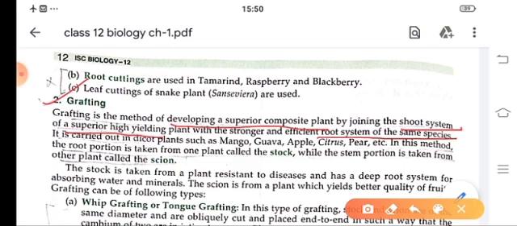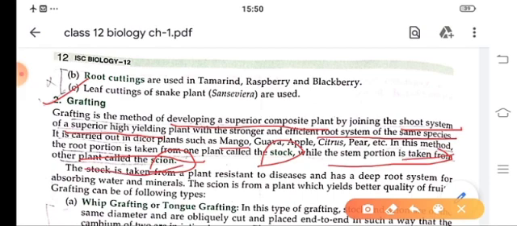Now this is carried out in dicot plants like mango, guava, apple, citrus and pear, and in this method the root portion of one plant is taken and that is known as stock, while the stem portion is taken from the other plant which is known as scion. Now the stock which is taken from the plant should be disease resistant and it should have a deep root system for absorbing water and minerals.